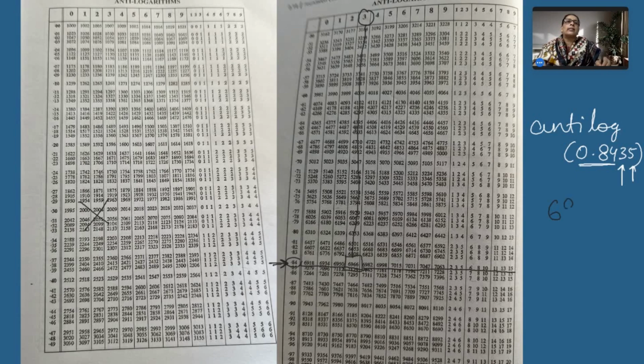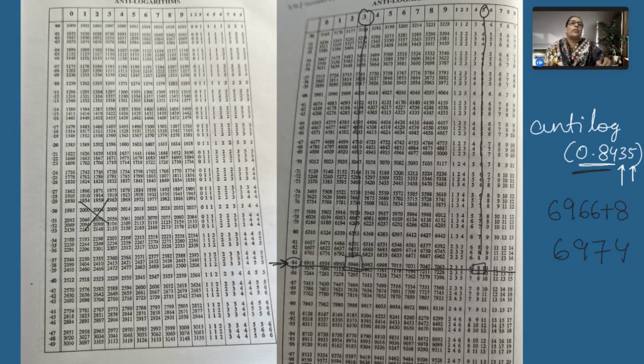Then go to the fifth additional column, this one, and from here come down to the same row, and here we have a number 8. So 6966 plus 8 turns out to be 6974.